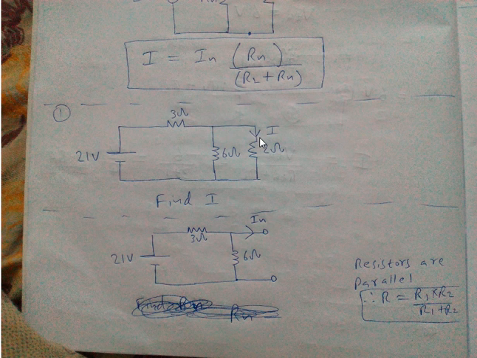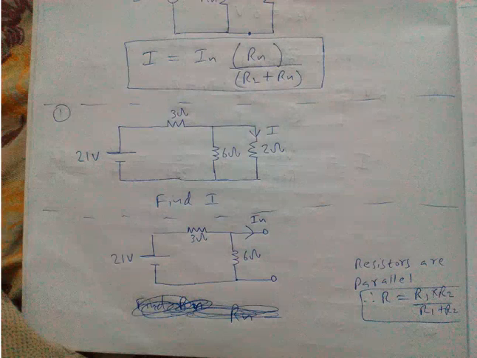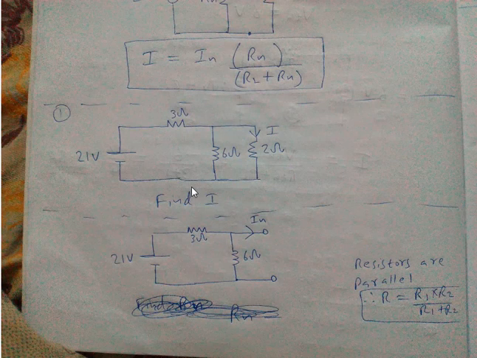Here, the unknown current is passing through this portion, so 2 ohm is RL. Then Rn is nothing but the overall value of the other resistors.